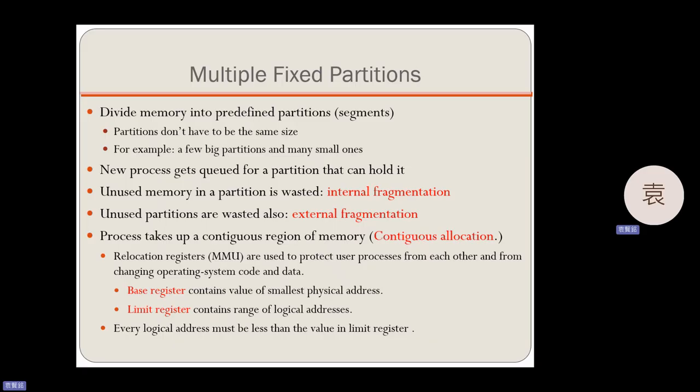Okay, a new process gets assigned to a specific partition which is big enough to hold the incoming process. Unused memory in the partition is wasted. Every partition can hold one process at a time. Instead of the whole memory holding one process, here every partition holds one process at a time.